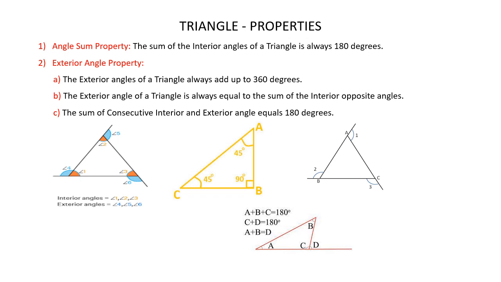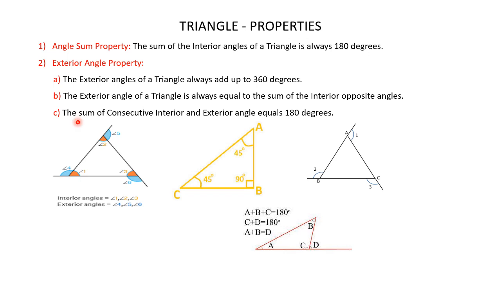So, according to the exterior angle property, the exterior angle of a triangle is always equal to the sum of the interior opposite angles. Here, for the exterior angle D, the interior opposite angles are angle A and angle B. So, angle D will be equal to angle A plus angle B.